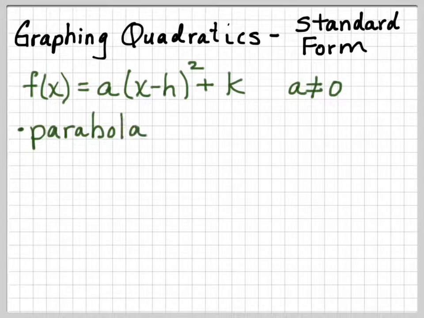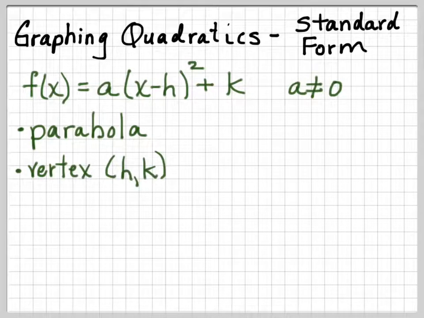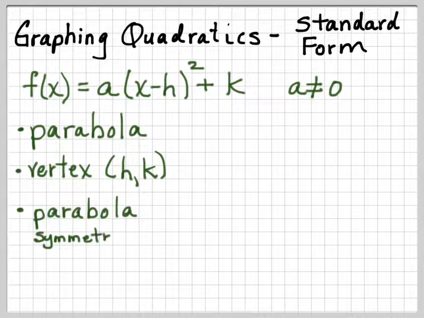Any quadratic is graphed as a parabola. The vertex is at (h, k). The parabola has symmetry about x equals h. That's right, if you draw the line right through the vertex, the x-coordinate of the vertex is h, so it would be x equals h.